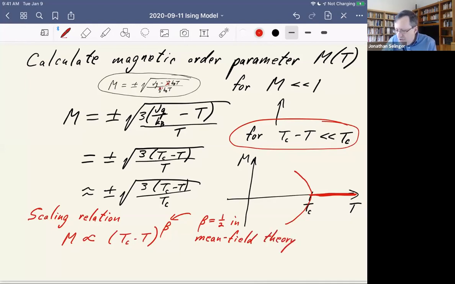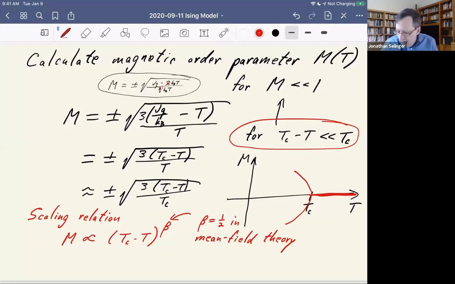So this is making a specific prediction that somebody could go and test in the lab. Somebody could go measure the magnetic order parameter in some ferromagnet as he cools it through the transition from paramagnet to ferromagnet, and then see what's the trend for how M increases as a function of reducing temperature.